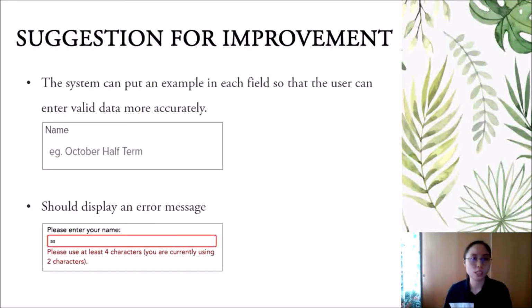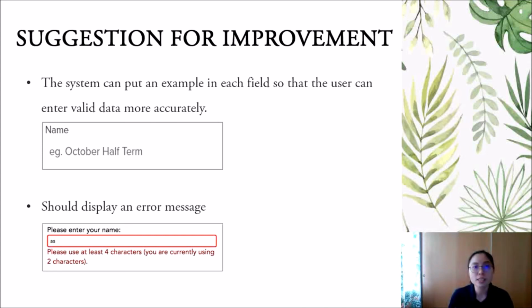Next, I will move to the suggestion for improvement, and the selected web-based application for this project is school management system. There are few limitations found during the manual testing, such as the system does not provide an error message in certain time when user enter an invalid data, and the system also cannot recognize invalid class, such as the user enter only number in the name field, but it still can be saved.